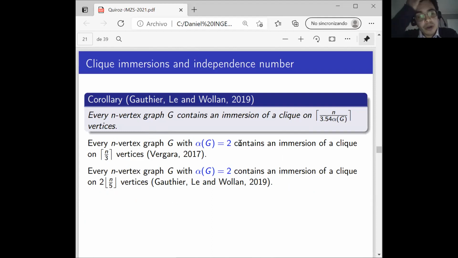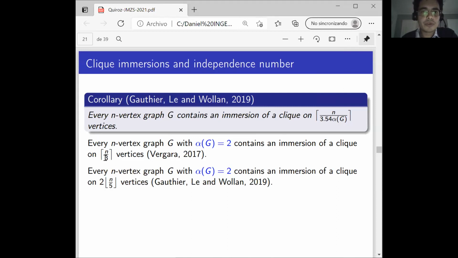Okay, but this problem was actually considered before the work of Gauthier, Le, and Wollan by Vergara. And she proved that if your graph has independence number 2, then it contains a clique immersion on n over 3 vertices. So if you change alpha here to 2, you would get something like 7.